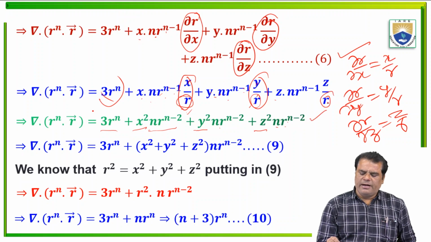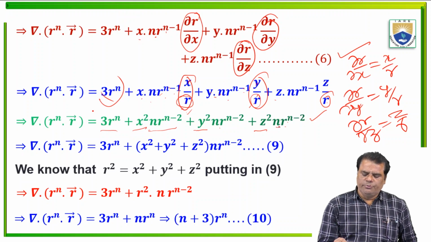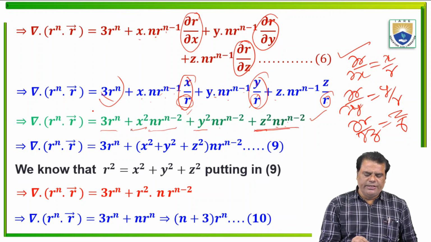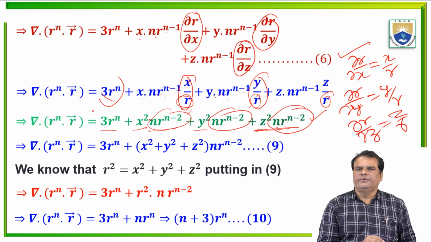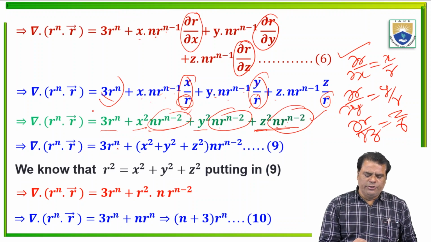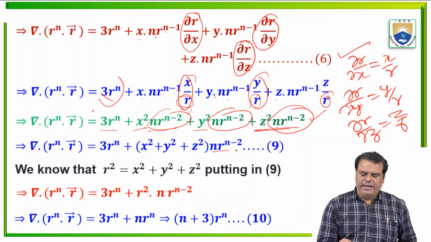This is r^(-1), adding here minus 2. So we see that in this equation n r^(n-2) is common in each term. So now 3r^n plus n r^(n-2) is common.